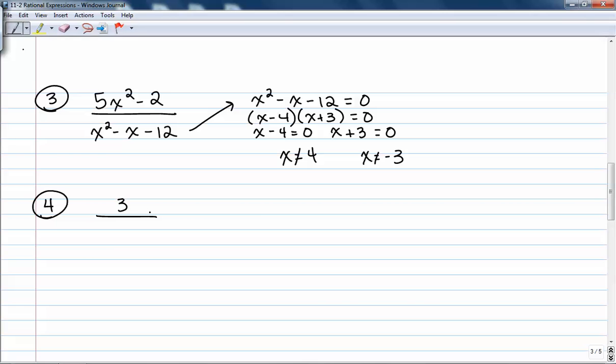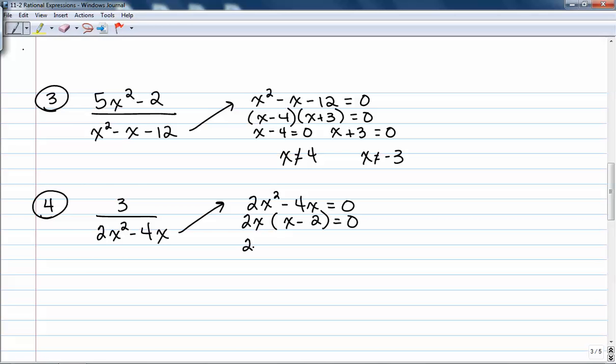3 divided by 2x squared minus 4x. Take your denominator, set it equal to 0. In order to solve this, I need to factor out a greatest common factor of 2x, and that will leave me with x minus 2.